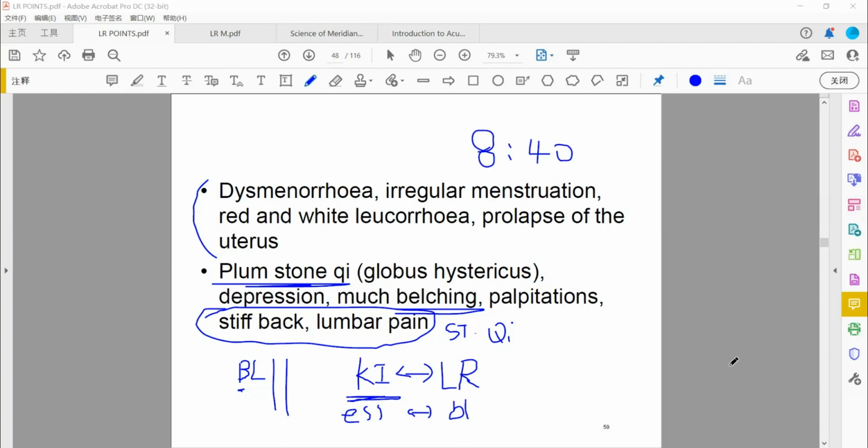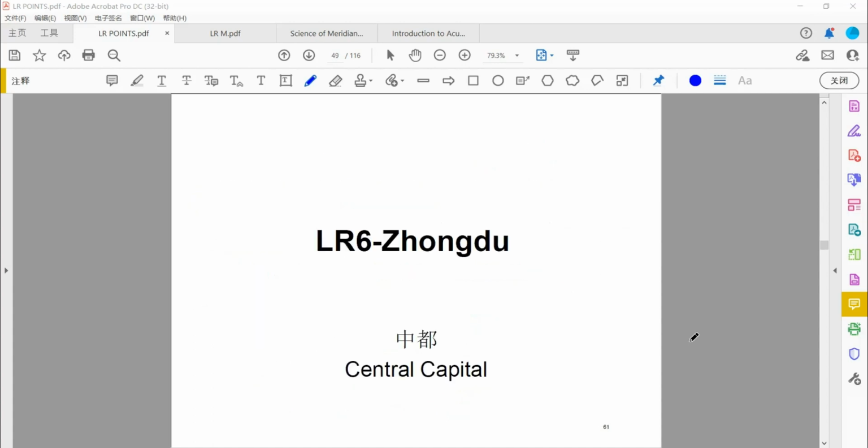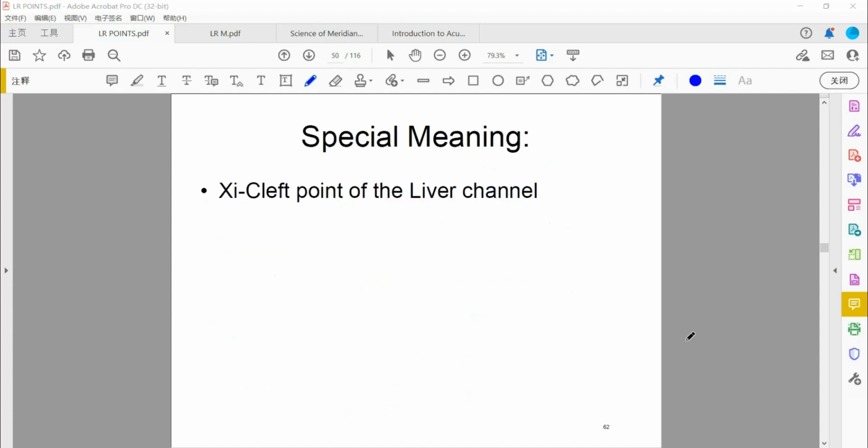Okay, let's start. There are 6 Xi-cleft points. Okay, Xi-cleft points are good for what? Think about this question.